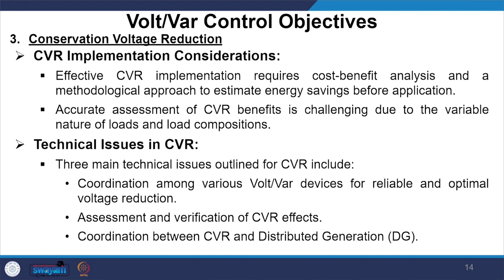The main technical issues outlined for CVR include coordination among various Volt-var devices for reliable and optimal voltage reduction, assessment and verification of CVR effects, and coordination between CVR and distributed generation, that is DGs.